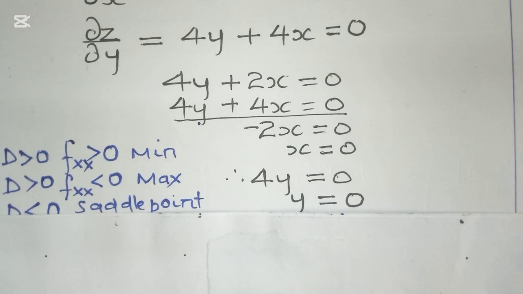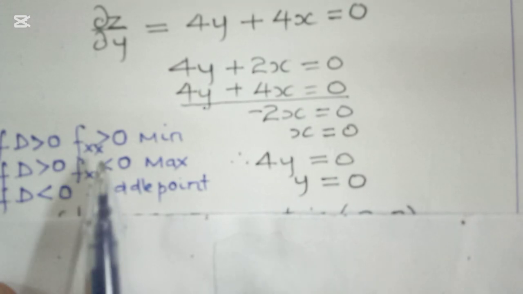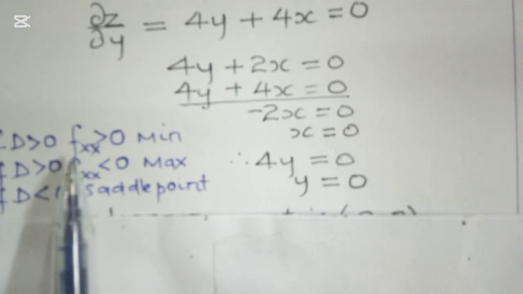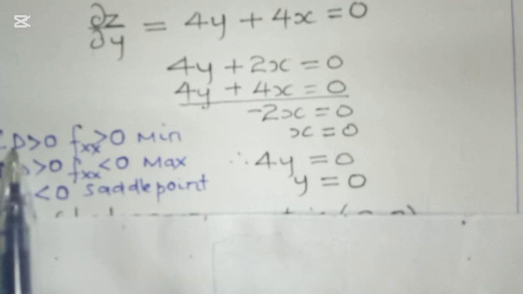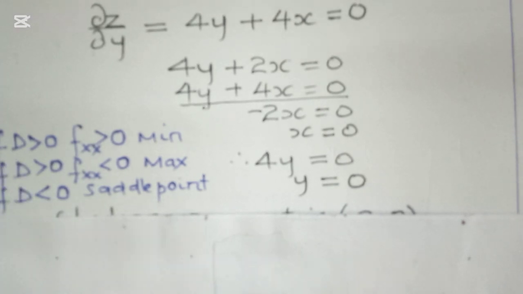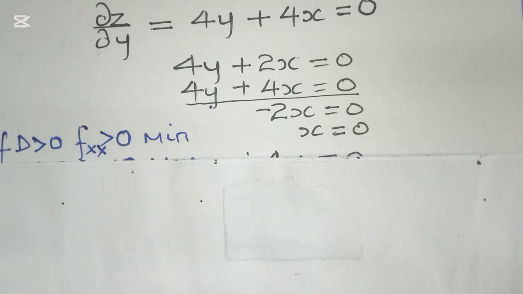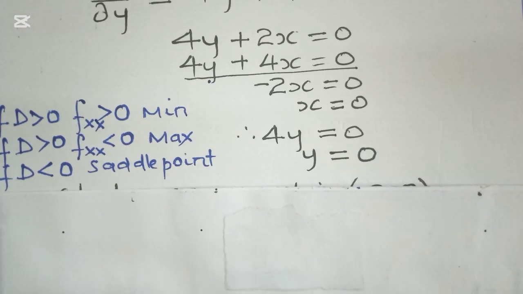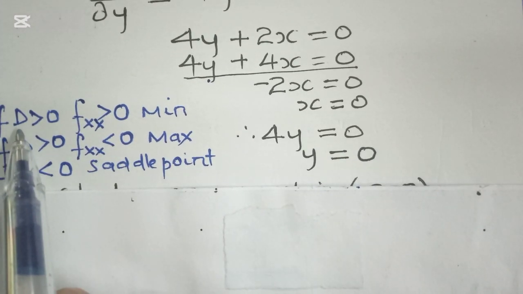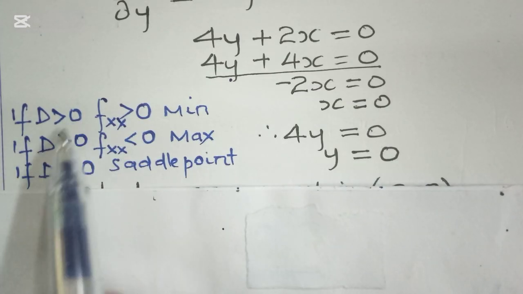So guys, before we continue, for the minimum point, maximum point, or even what we call a saddle point, this is what we use. This D is called the Hessian determinant. That is for the value of D, and I will show you how we come up with it.